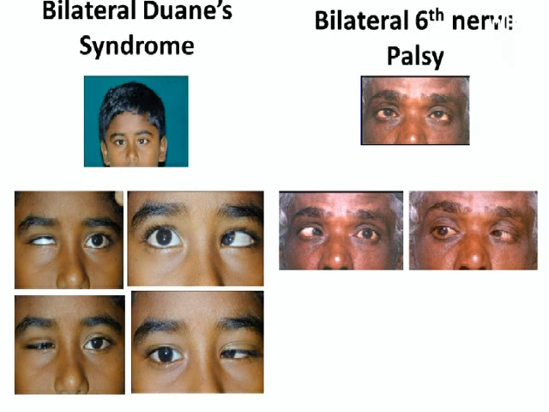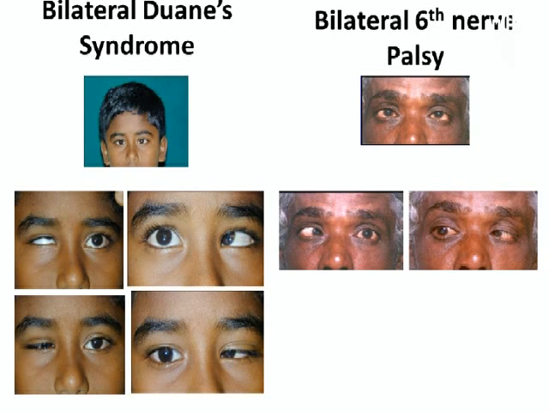Here you can see on attempted abduction, the patient is having esotropia with abduction restriction. Here if you see, there is adduction restriction, on attempted adduction there is upshoot, and here there is narrowing of the palpebral fissure. And here also you can see there is narrowing of the palpebral fissure on attempted adduction, and abduction is restricted.